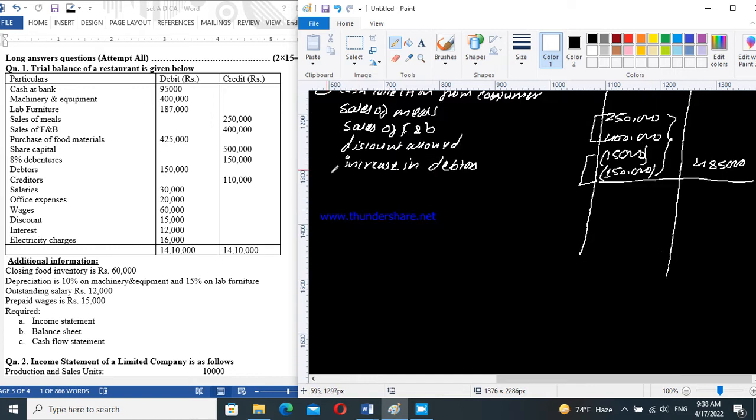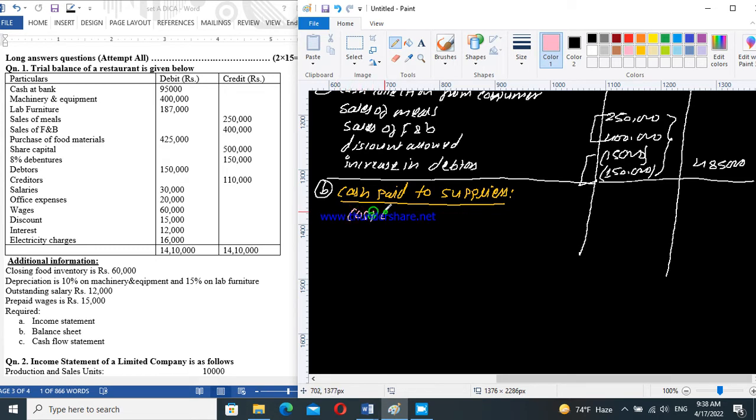And move on. B, cash paid to suppliers. Firstly, you need to write cost of sales.